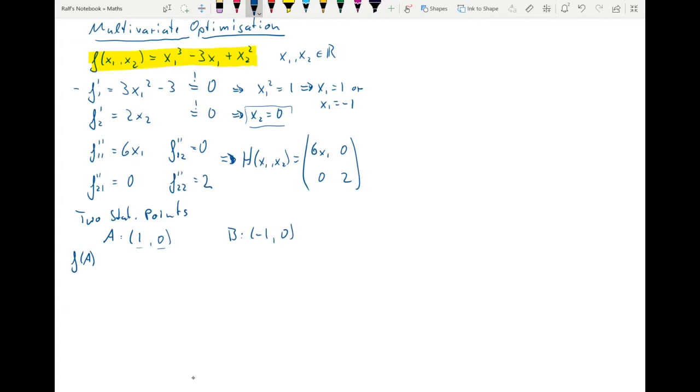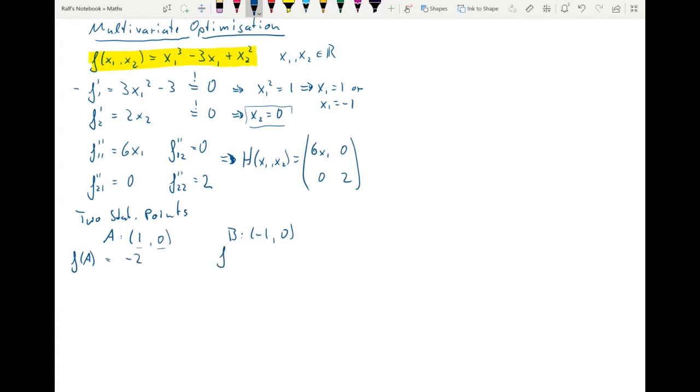So we're substituting 1 and 0 into this. 1 cubed is 1, minus 3 times 1, so we are getting -2.